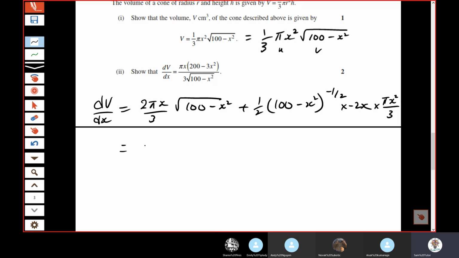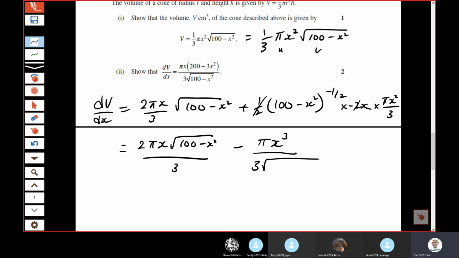There's nothing for me to do here, so I'm just going to go 2 pi x root 100 take away x squared on 3. This monster, there's a lot of things that are happening. Minus 2.5 cancels out. I've got x and x squared, that becomes pi x cubed on 3. Now this negative half also goes in the denominator as square root 100 minus x squared.